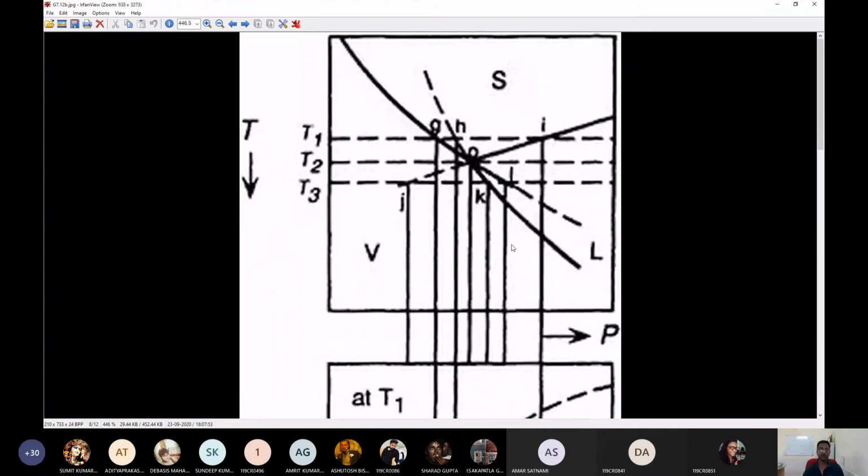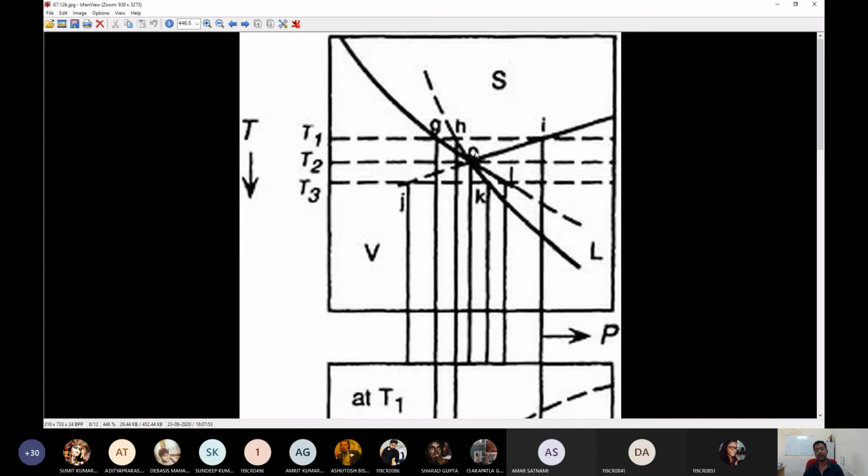In the other diagram, it was 90 degrees on the left. Now it is rotated to the positive side of 90. What we're trying to do here is take a temperature slice here, T1, T2, and T3. This one will keep the pressure changing and see how the free energy of each of these phases changes at constant temperature T1.